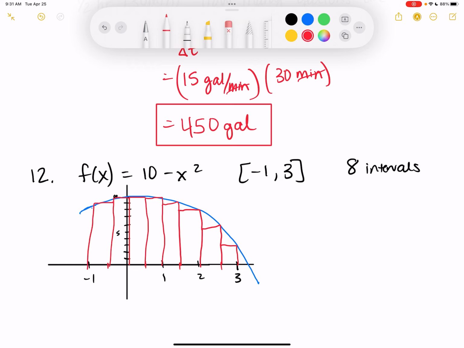What just happened? My whole curve just disappeared. Well, because these ones go a little bit over. Anyways, close enough. Not an artist.